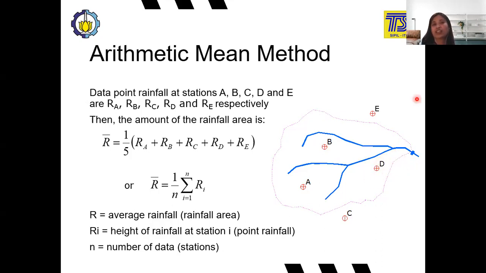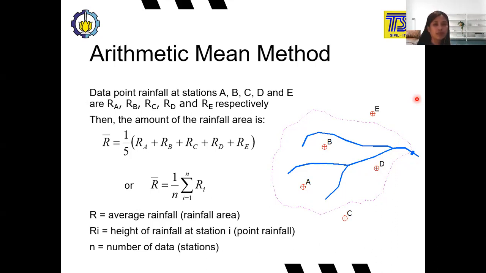But here, if we want to calculate the average rainfall in an area, we have to get the complete data first. So we already got the complete data, so we can calculate the average of the rainfall data in one area.